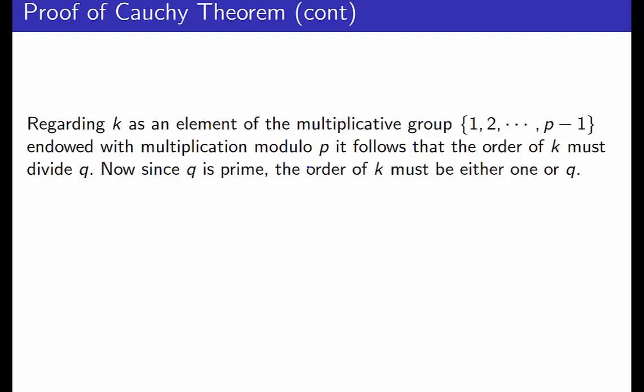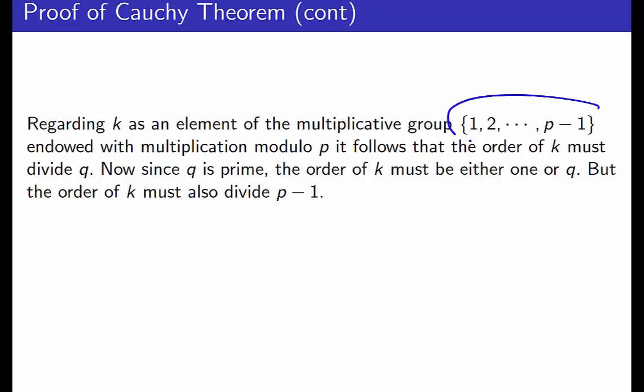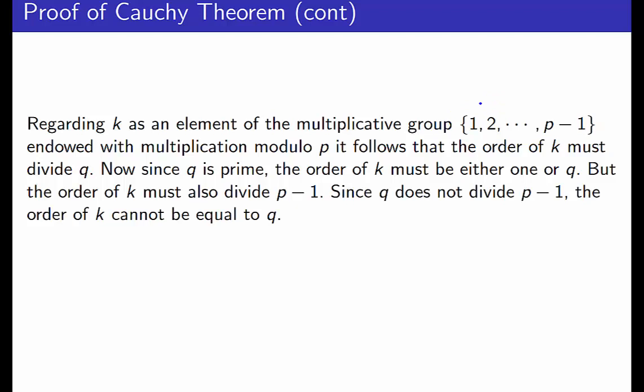Okay, well, since q is prime, the order of k must either be 1 or q, and the order of k must divide p minus 1. Yes, because it's an element of this multiplicative group which has order p minus 1, and since q does not divide p minus 1, the order of k cannot be equal to q.